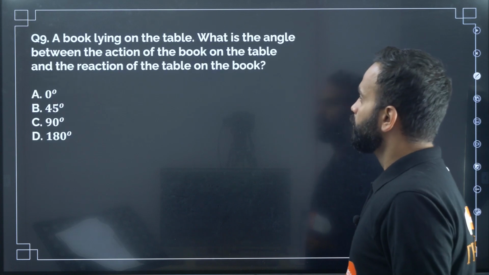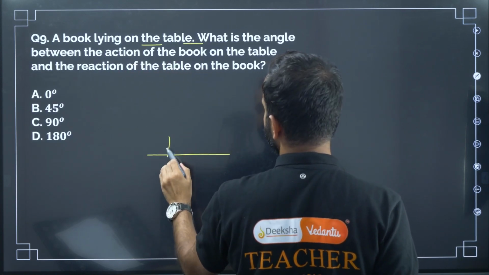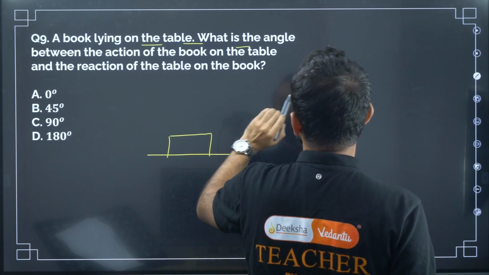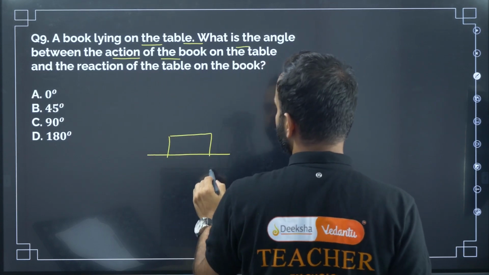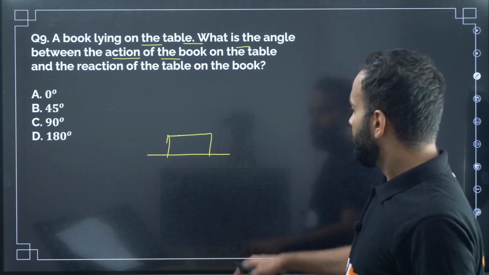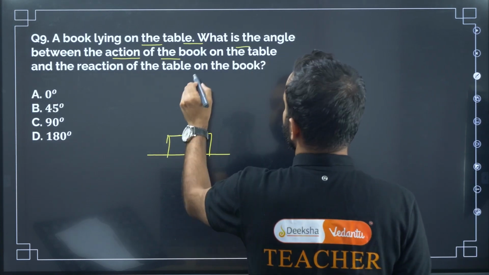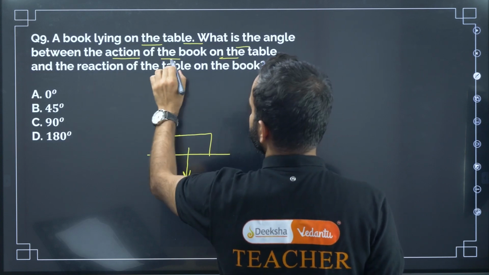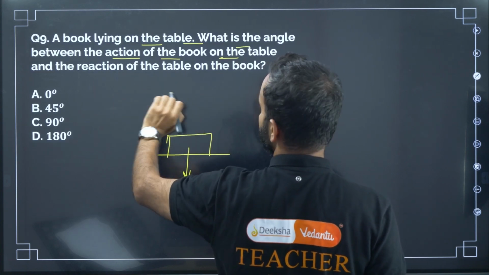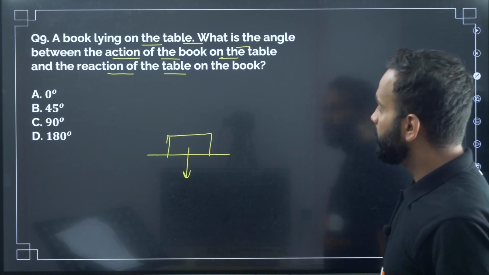Next question, question number 9. A book lying on the table. What is the angle between the action of the book and the reaction of the table on the book?